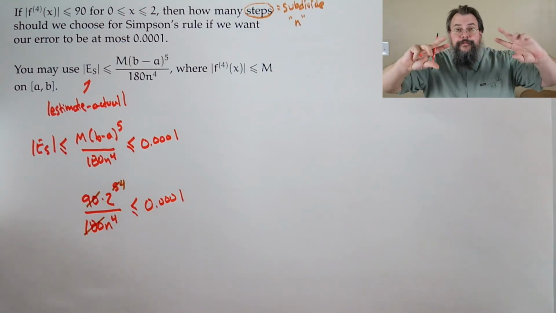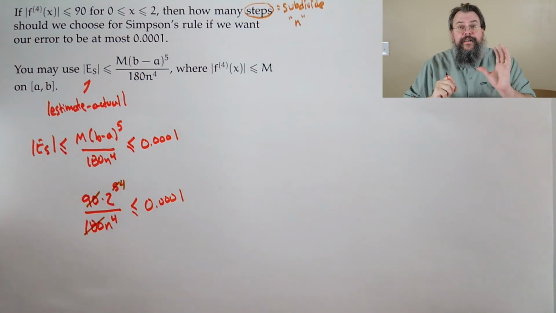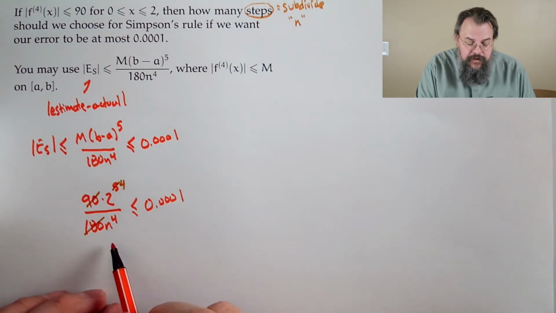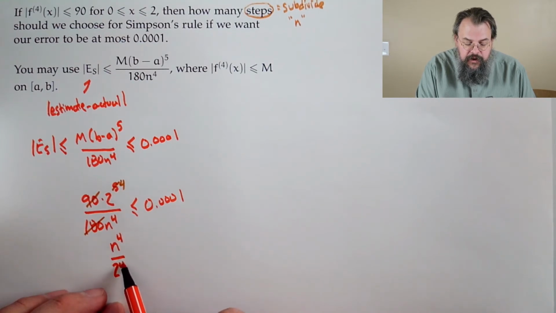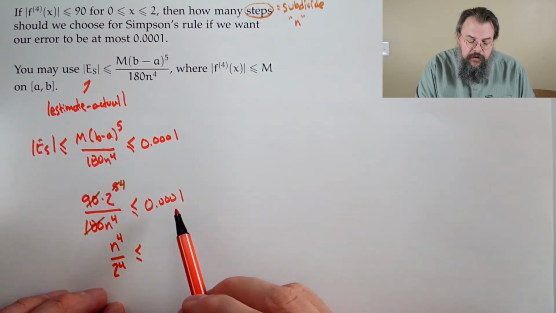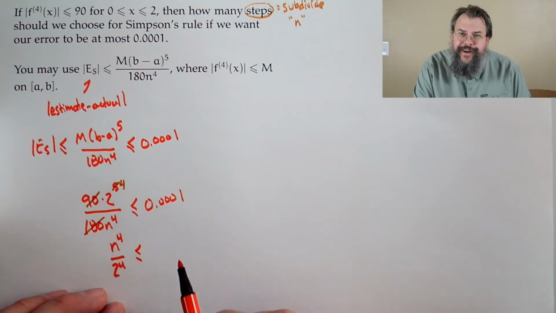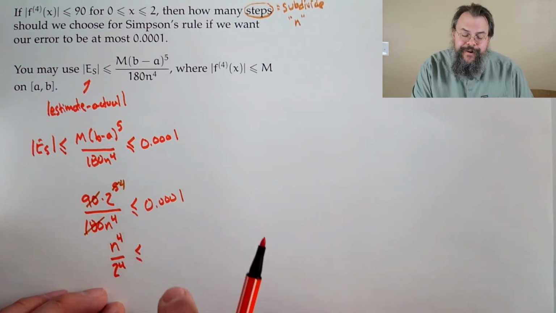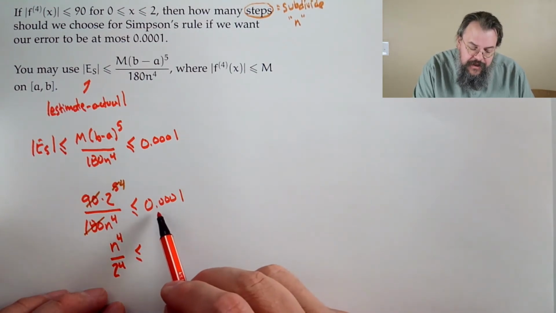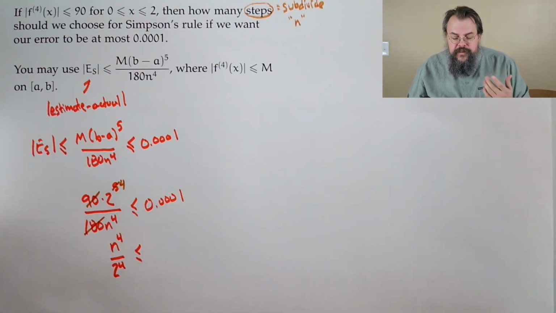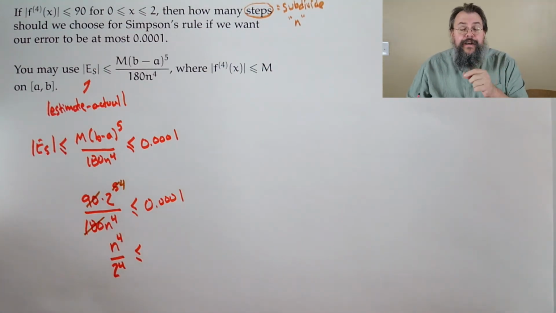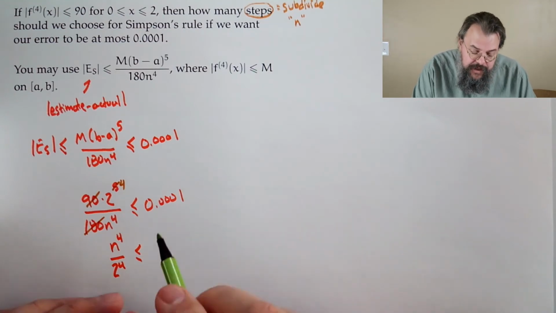Now, flip both sides because we really are trying to find n. And we say, okay, look, n to the fourth divided by 2 to the fourth is less than or equal to, well, 1 over that number. What's that number? Well, the way to figure that out is say, okay, look, it's like you took 1 but moved the decimal place. How many times?